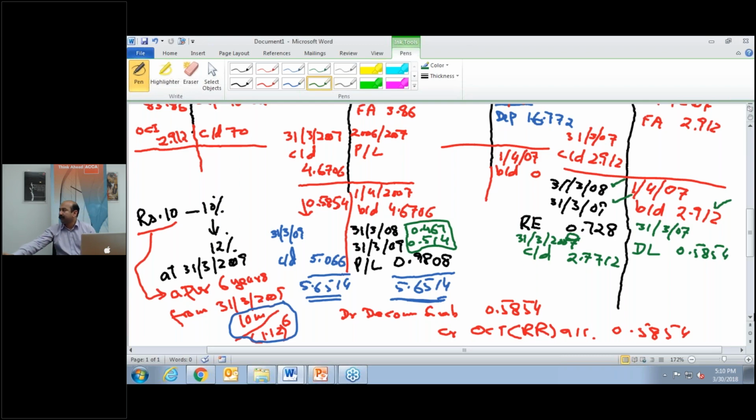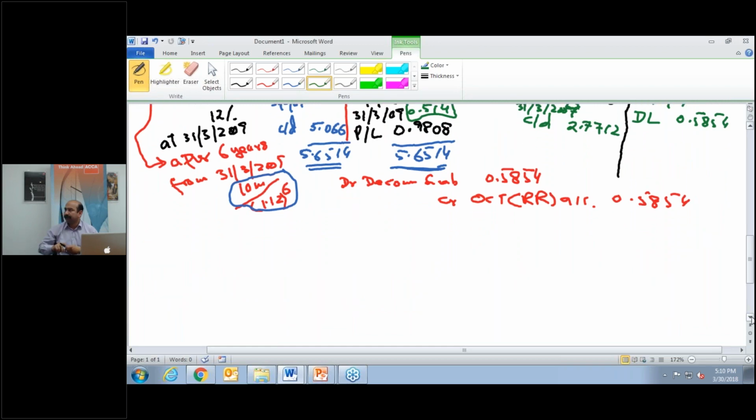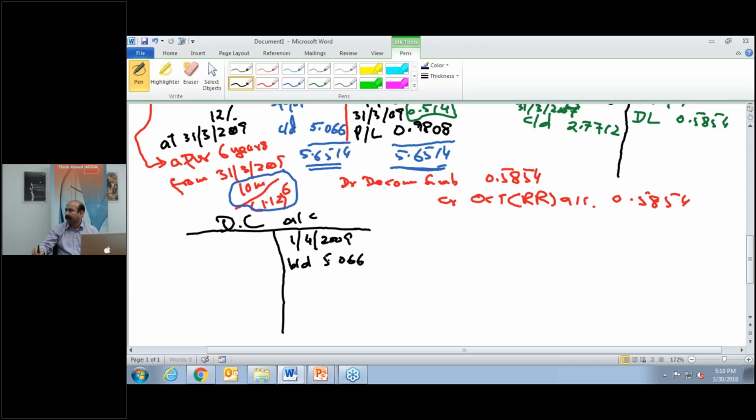Now we go back to the question, but before going back to the question, I would like to again mention over here, prepare again these two accounts, the decommissioning account. On 1st April 2009, our opening balance is 5.066.